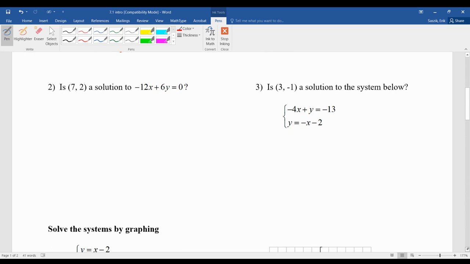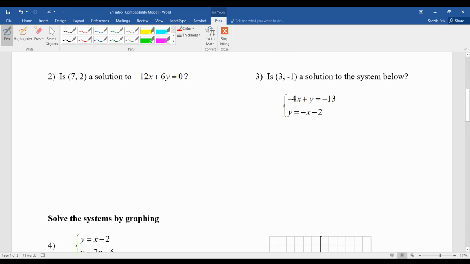So is (7, 2) a solution to -12x + 6y = 0? Well, all we have to do is plug this in, right? Plug in the 7 for x, plug in the 2 for y, and let's see if this equation works. -12 times 7 is -84. -84 plus 12 is clearly not 0.